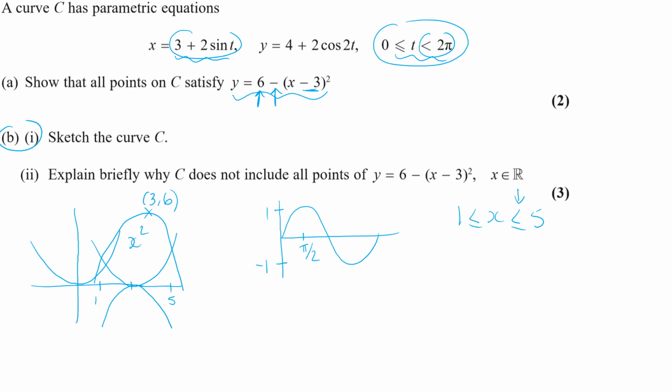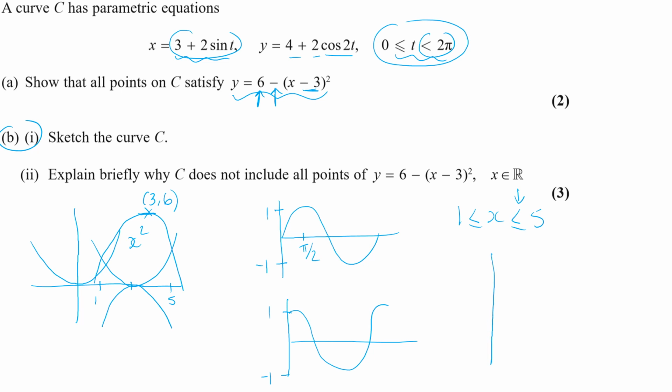Okay, and then if we think about the y values, y is influenced by the cos 2t, so cos goes between 1 and minus 1, so we're going to have 4 plus 2, which is 6, so we are able to go to that max.